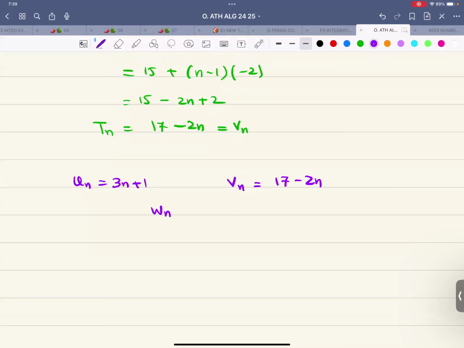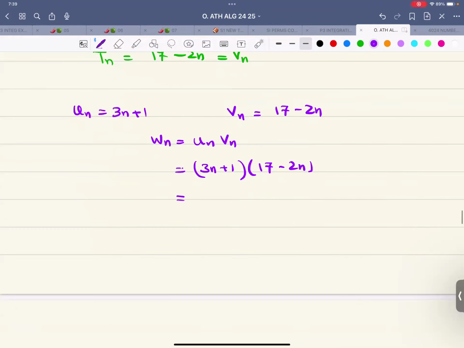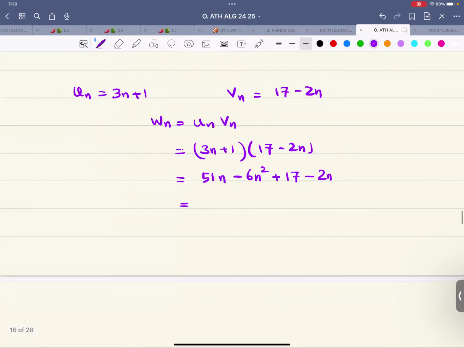They are saying Wn is Un into Vn. Just multiply the two. So that is 3n plus 1 into 17 minus 2n. That is 3n into 17, that is 51n. That is negative 6n squared. That is positive 17. And that is negative 2n. So 51 minus 2 becomes 49n minus 6n squared plus 17.